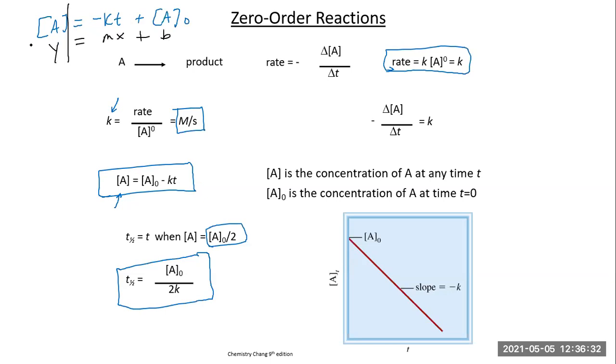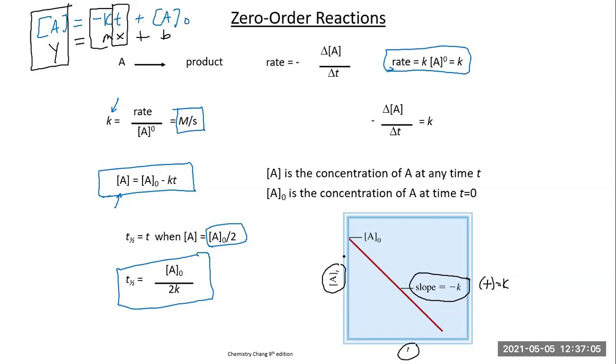That means that the typical plot that we associate with a zero order is on the y, the concentration, and on the x is our time. And we see that again here, because this will yield us a negative slope. The slope of that line equals minus k. Again, not positive k, but that will then get us a positive rate constant value from that.